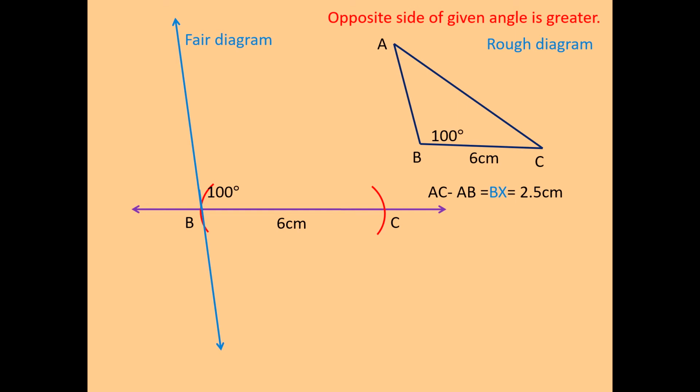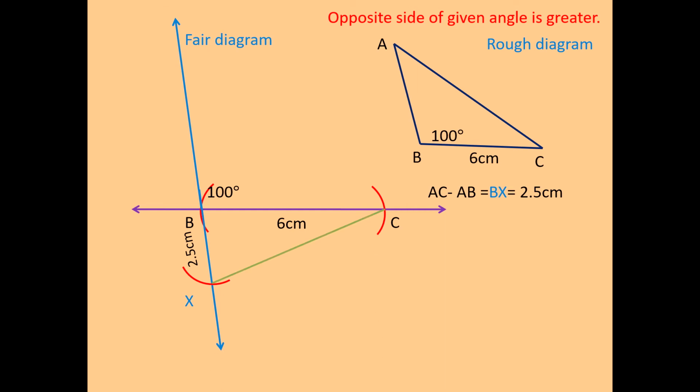Now we have 2.5 centimeter as BX. With the help of a rounder, we will mark an arc on the downward side, take this point as X and write the value there. Now we can join X and C.